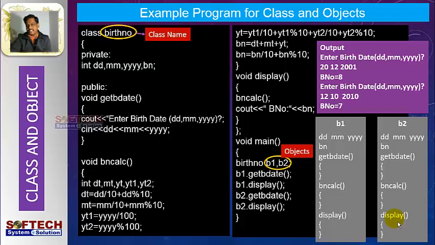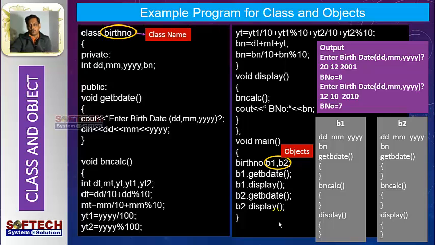So yt is 3, dt is 3, mt is 1, yt is 3, so 7. Then it displays through the cout statement the birth number: b number equal to 7. Then it terminates the main function.